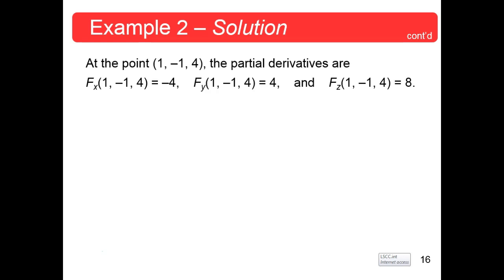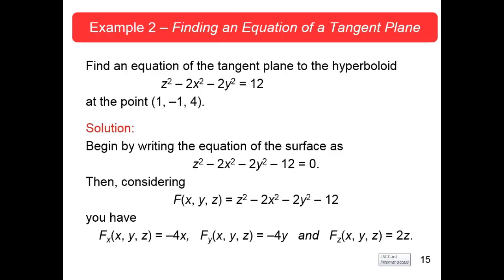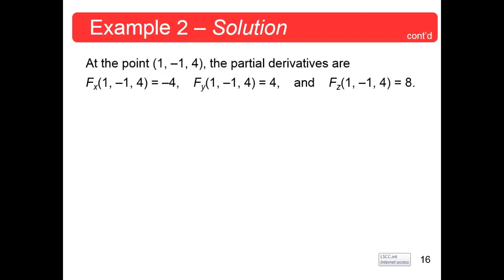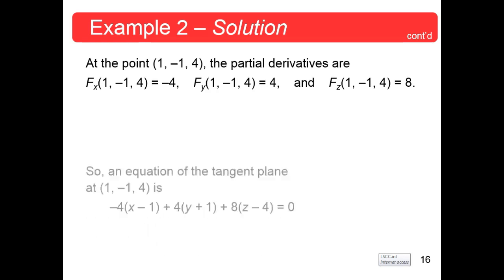So they took the partial of each of those, and then they evaluated those partials at the point of intersection, okay, which is 1, minus 1, 4, which you already confirmed was on the surface, and that would be minus 4 for x, plus 4 for y, the partial of that with respect to y, and 8 for z, partial of that with respect to z, okay?